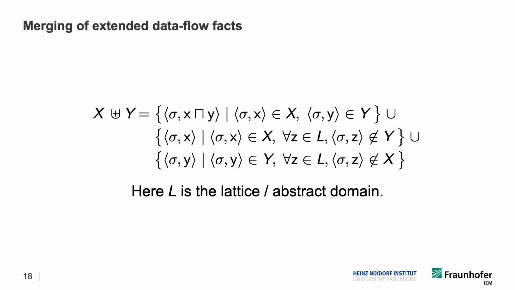So here, L, which you will find at these two points, is the lattice or the abstract domain. Now let's assume we are merging, using our special merge operator here, two of these extended data flow facts, X and Y. They have this shape: they are pairs, with a calling context string on the left-hand side and some data flow values on the right-hand side.